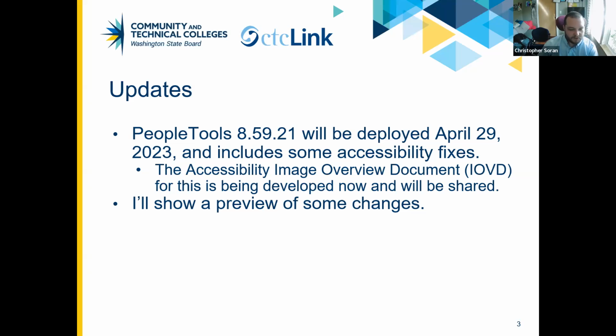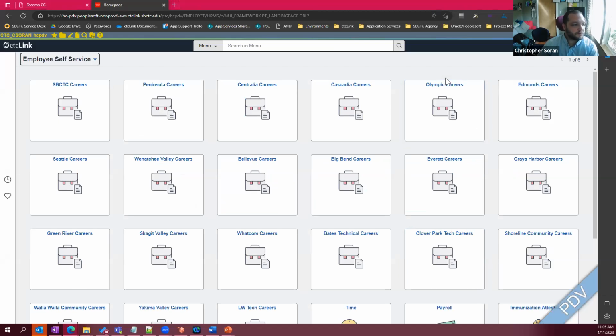I was going to show some things as well. So I have the preview of the image overview document. And one thing I wanted to show, so I'm going to switch over to my browser. So I'm logged into HCM, Human Capital Management, and this applies also in Campus Solutions and in Finance.